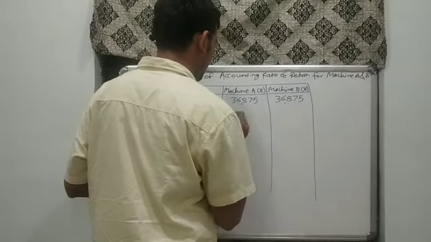Now we will move to the second thing which is asked in the question, that is calculation of payback period for both the machines. So please write down the heading and give it number 2.